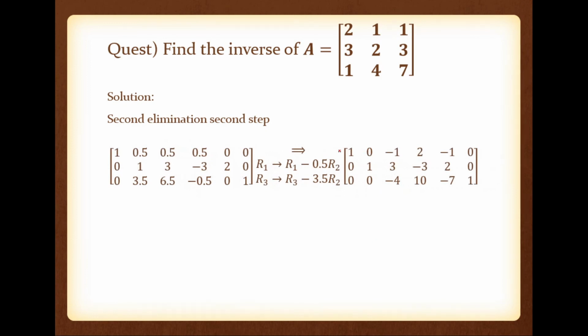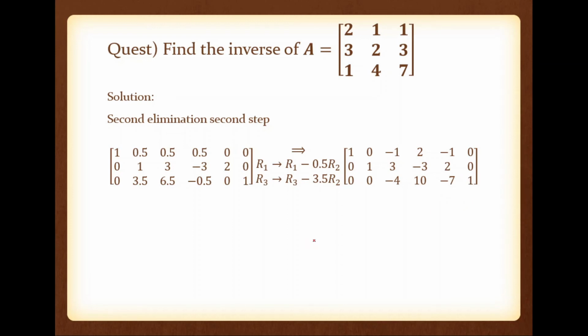You can see that R1 is modified as 1, 0, minus 1, 2, minus 1, 0. So this is first row. Second row is not modified. Now what about third row? 0, 0, minus 4, 10, minus 7, 1. So this is the third row.